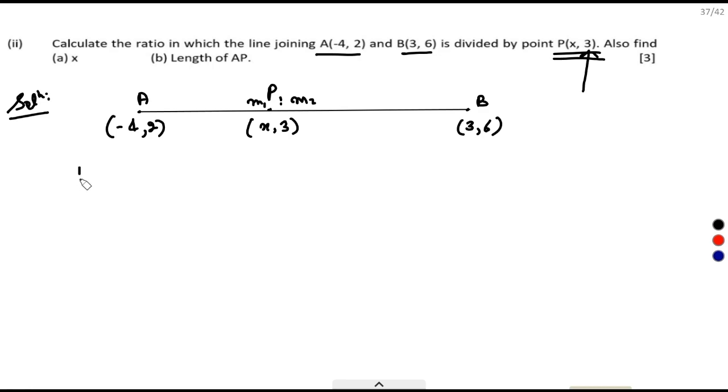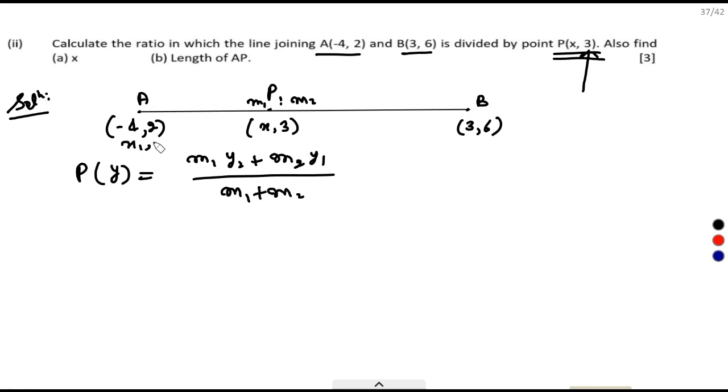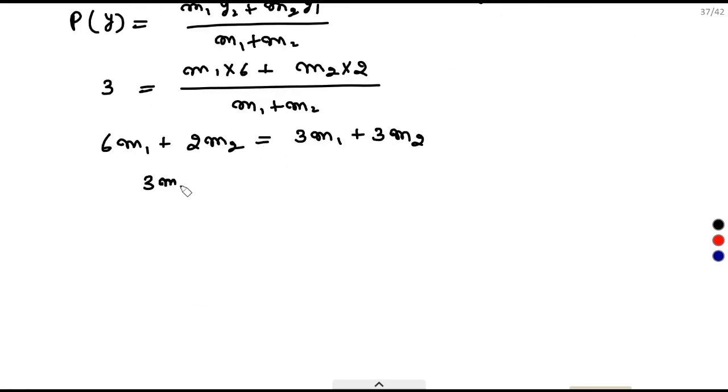Now section formula, y coordinate of P will be given by m1 y2 plus m2 y1 divided by m1 plus m2. Put the given values. This is first point x1 y1, this is x2 y2, and the y coordinate of P is 3. m1 upon m2 is equal to 1 upon 3, m1 ratio m2 is equal to 1 is to 3. It means P divides the given line segment in the ratio 1 is to 3.